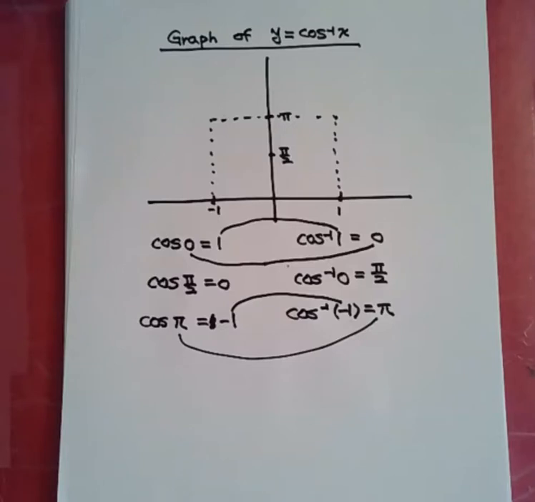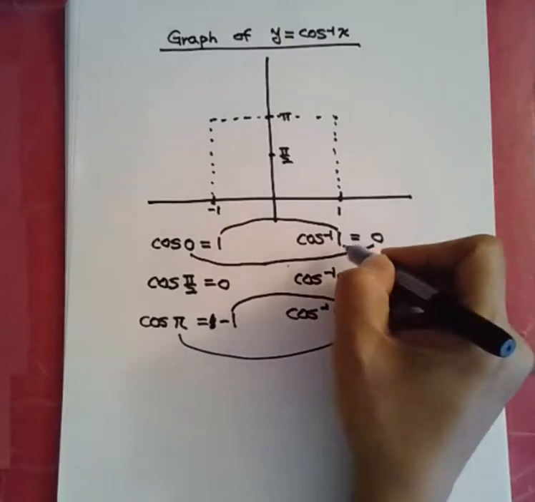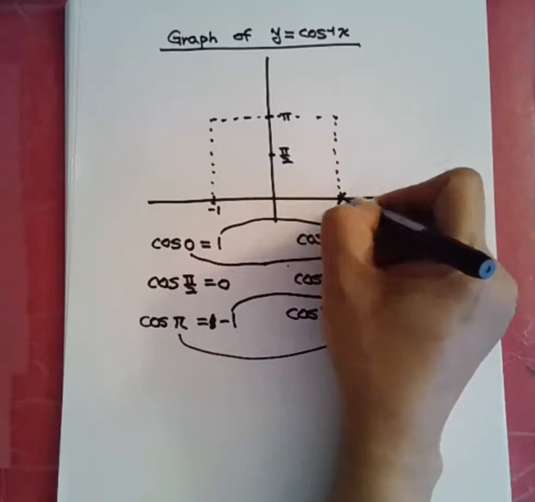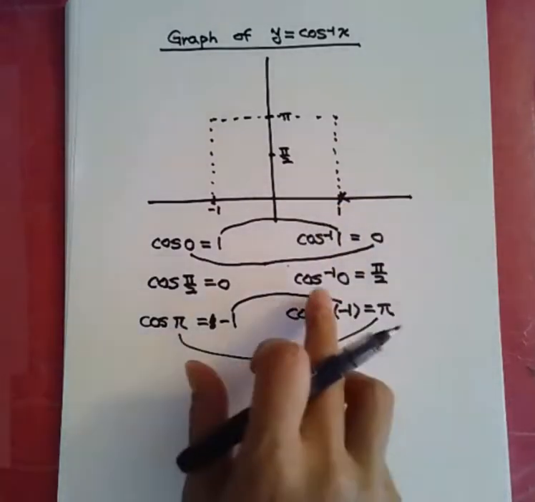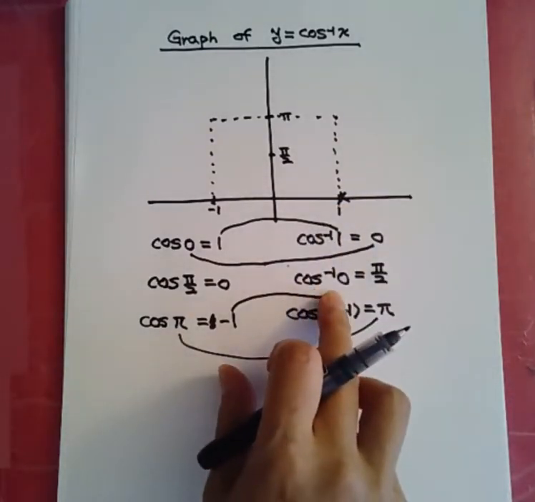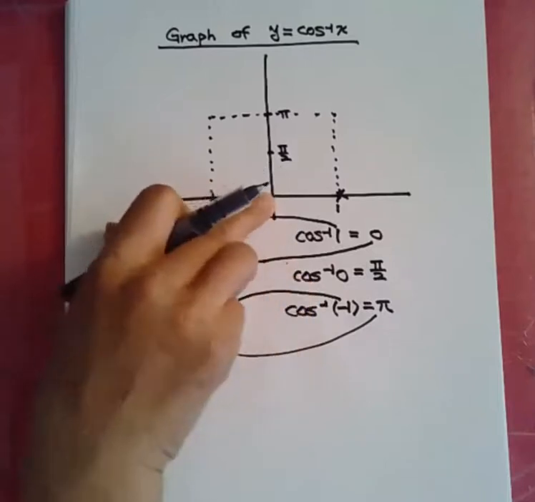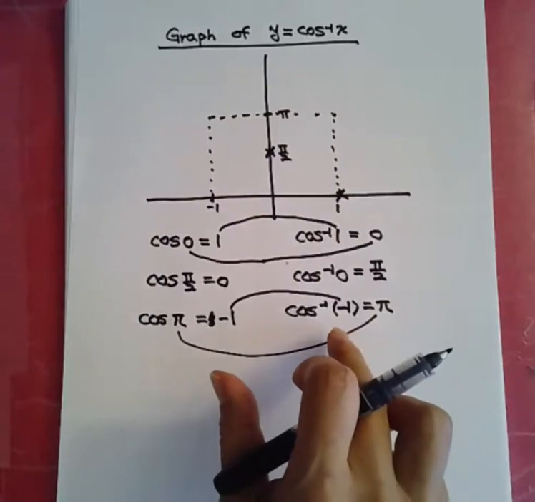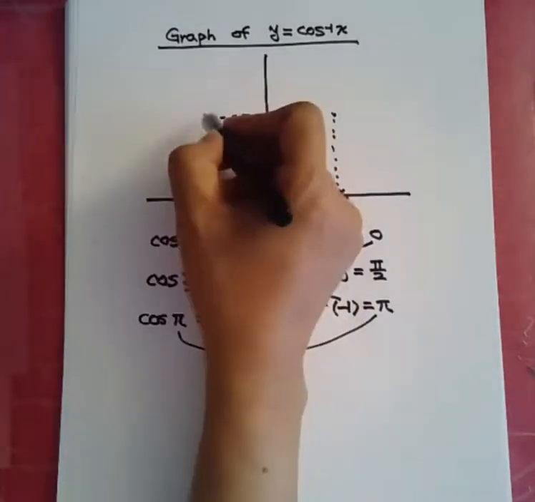Let's mark according to what we got. Cosine inverse of 1 equals 0, so this point. And cosine inverse of 0 is the y value pi over 2. Cosine inverse of -1 is pi.